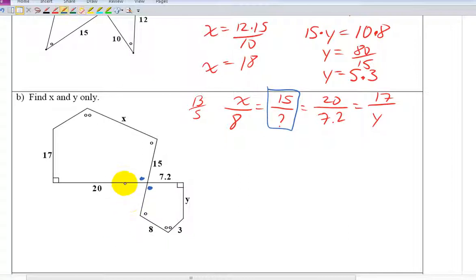You have to have only one fraction where you know both numbers. Right? This fraction here, that's gold. You use that for both questions. So one's going to be x over 8 equals 20 over 7.2. The other one will be 20 over 7.2 equals 17 over y. If you haven't solved it yet, I'll give you one more minute. Go, solve it, please.